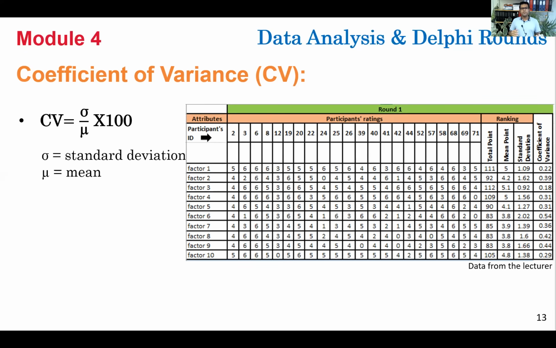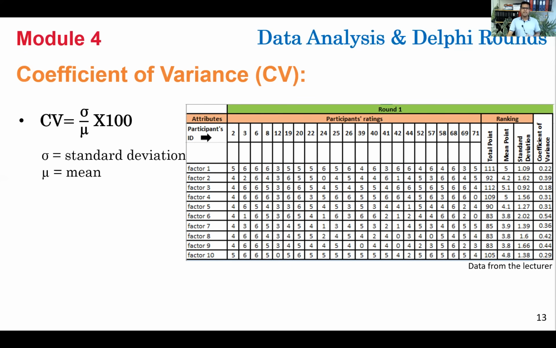For example, if we compare the results from the demonstrated data set collected in a real setting, we can say that by having a CV of 54%, factor 6 has more variation in response, and by having a CV of 18%, factor 3 has the least variation relative to their means.